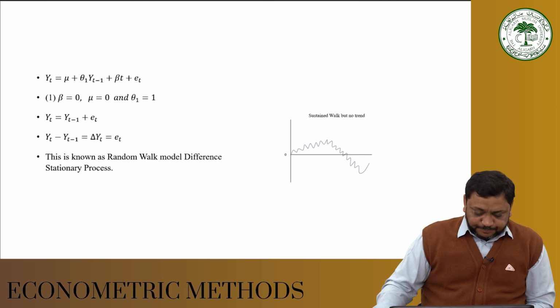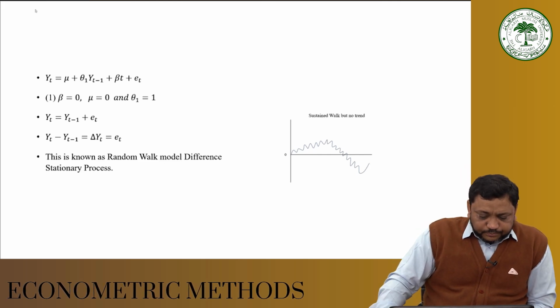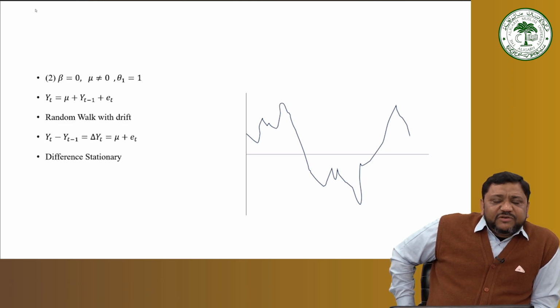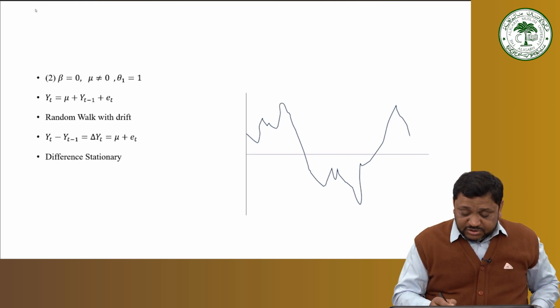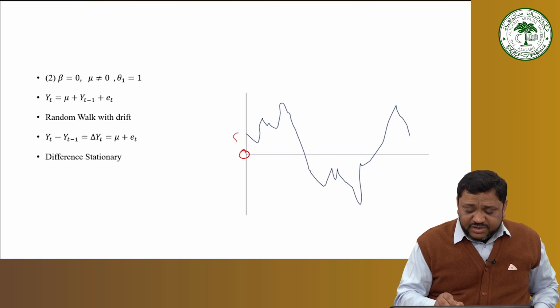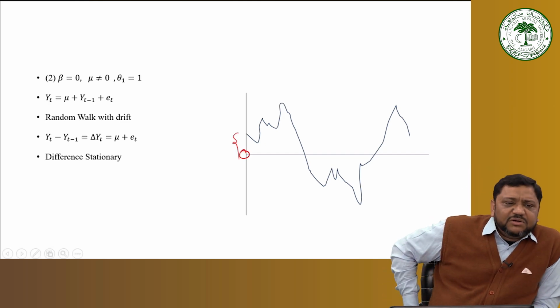Next, the same model, beta is equal to 0, mu is not equal to 0. It means the process now has a drift parameter. So mu is not equal to 0 and theta 1 is equal to 1.